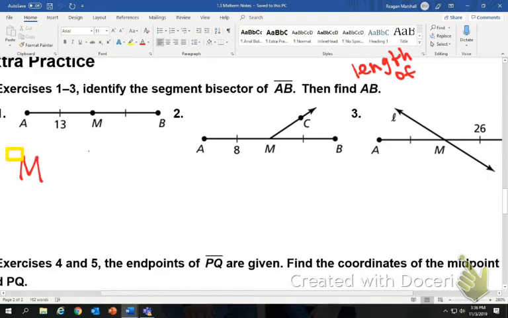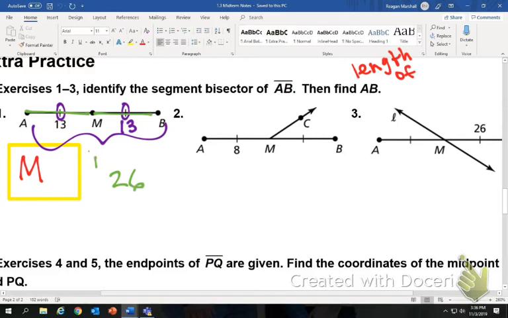So the segment bisector is M. And then the length of AB, from A to B. This line means that they're congruent. So you have from AM, which is 13, to MB, which is 13, add them together, you get 26. So the length of AB equals 26.